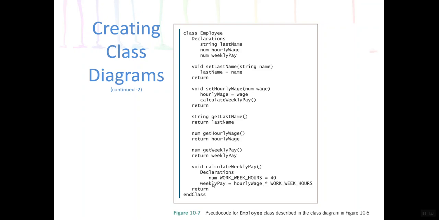So we're not going to let my console application update that, because the weekly pay is dependent upon the hourly wage. So you'll notice up here, in set hourly wage, when a wage value is passed in, not only do we update hourly wage, but we call calculate weekly pay, which would come down here and execute this piece to ensure that weekly pay is updated accordingly.